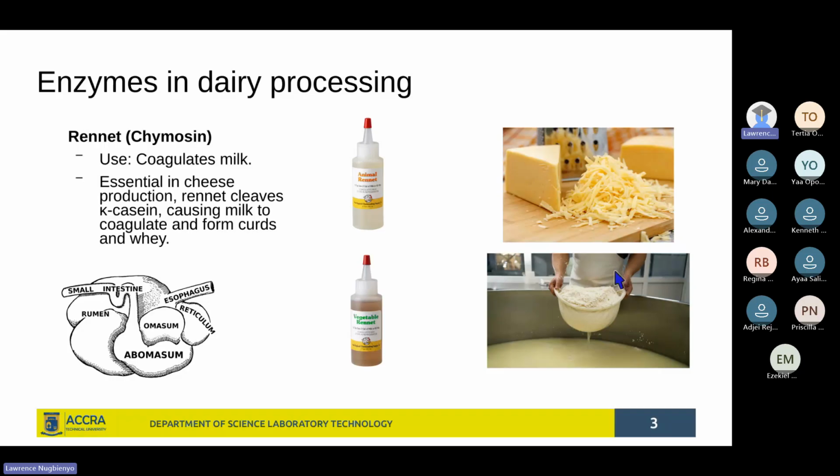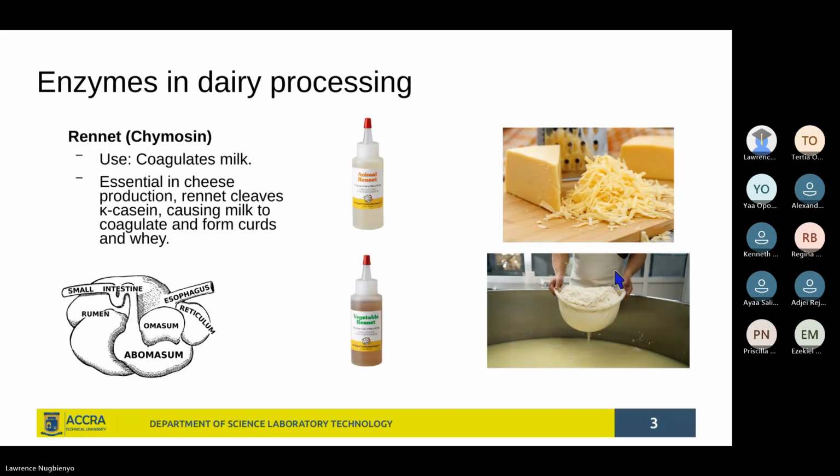They take the stomach of the young calf and put the milk into it, or they have the milk and put the stomach into it, or they make some aqueous extract from the stomach and then put it into the milk to cause the curding, which they can then remove.